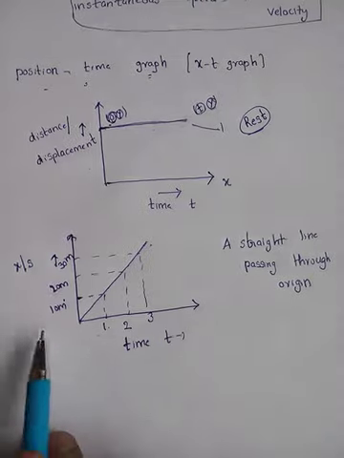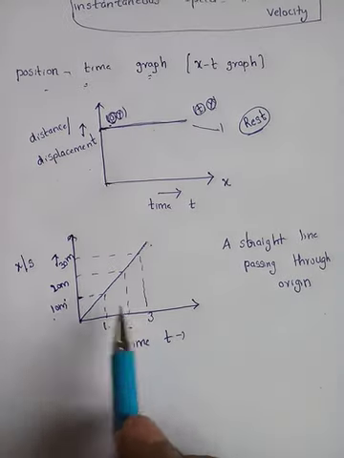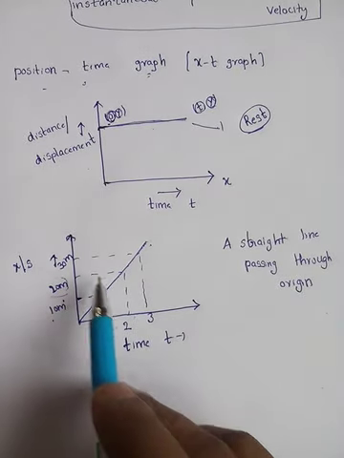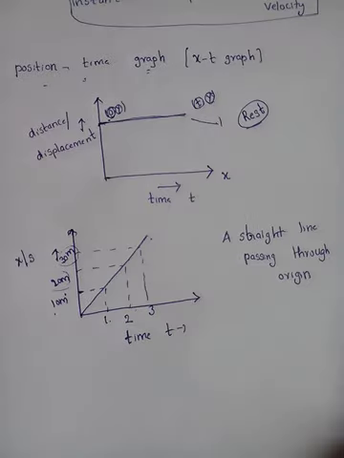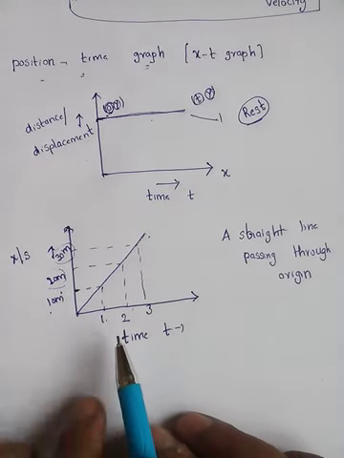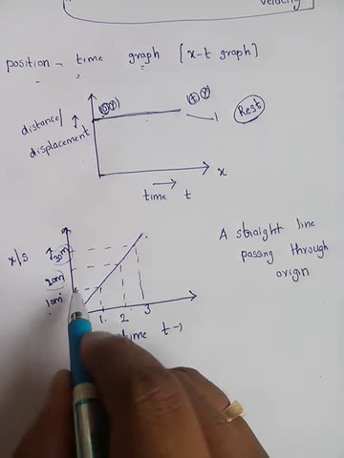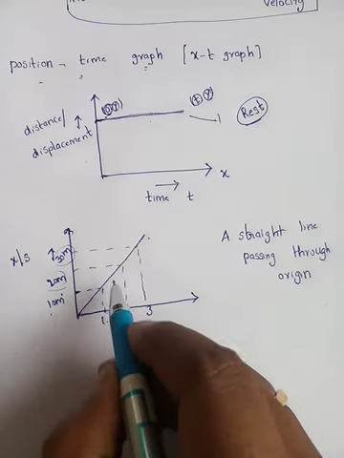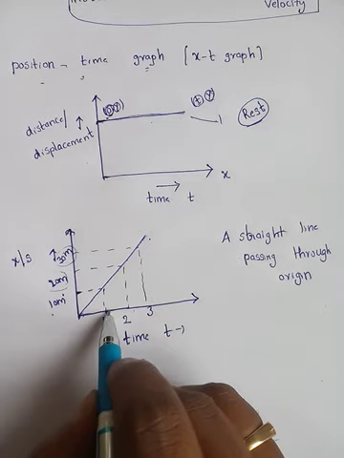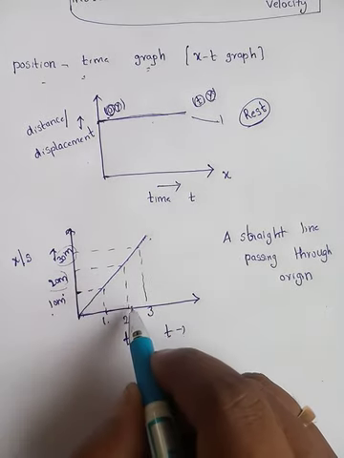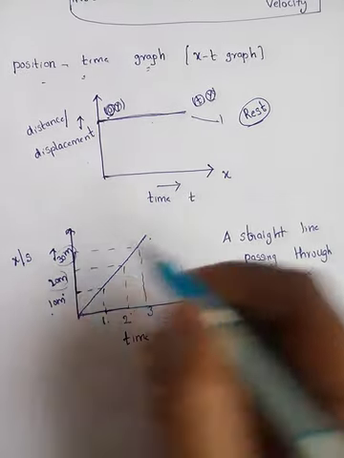In the first second, it travels a distance of 10 meters. In 2 seconds, it travels a distance of 20 meters. In 3 seconds, it travels a distance of 30 meters. So, see, in equal intervals of time, in an interval of 1 second, it travels a distance of 10 meters. And again in 1 second, it travels 10 meters. And again in 1 second, 10 meters.